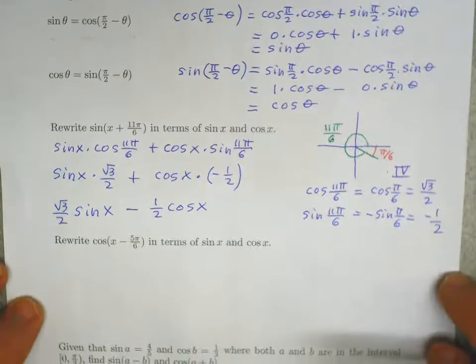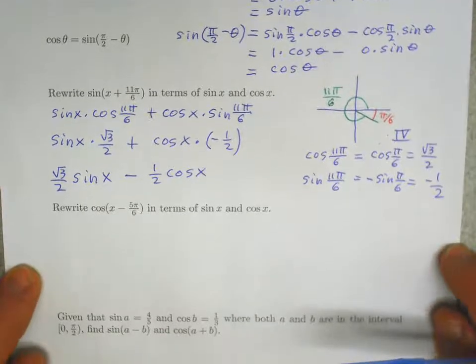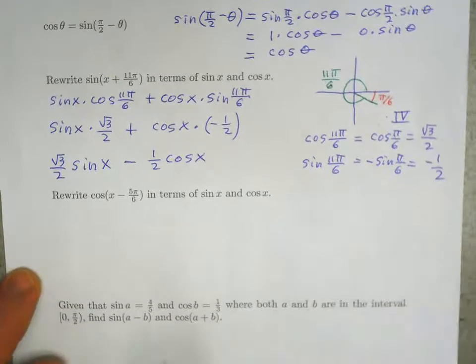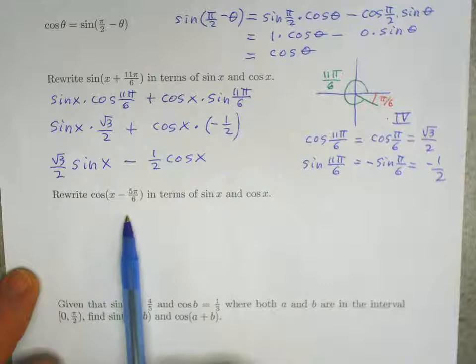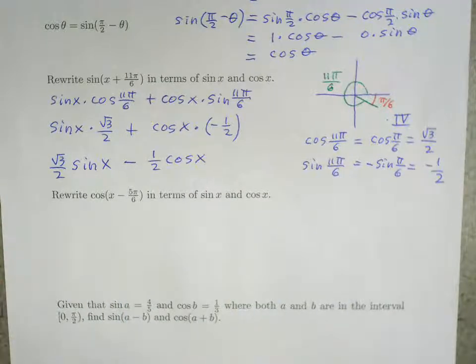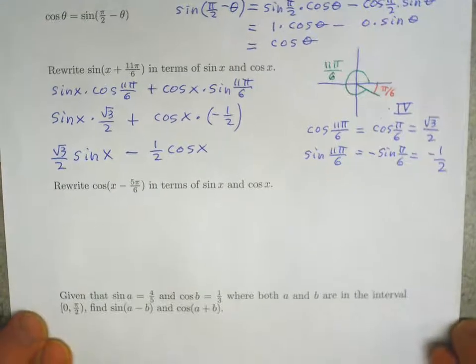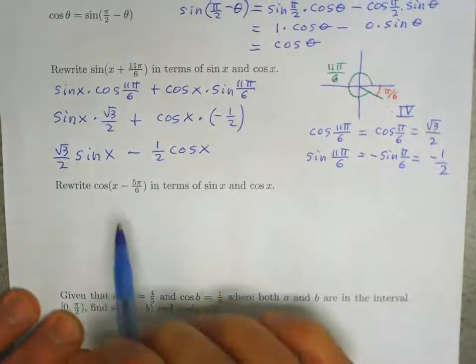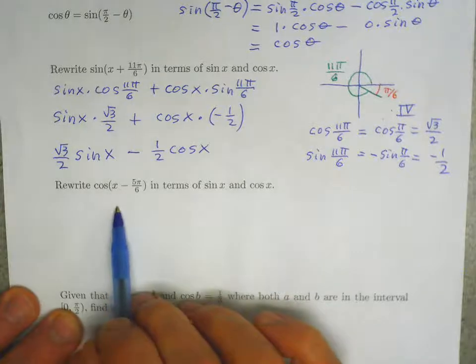Okay, now we'll do a similar exercise. Rewrite cosine of x minus 5 pi over 6 in terms of sine of x and cosine of x. We'll use the difference formula for cosine.